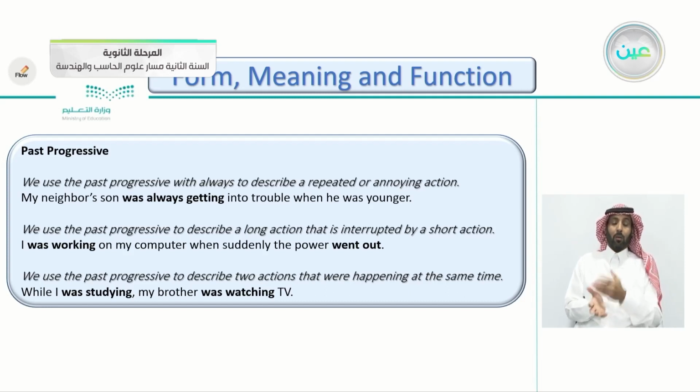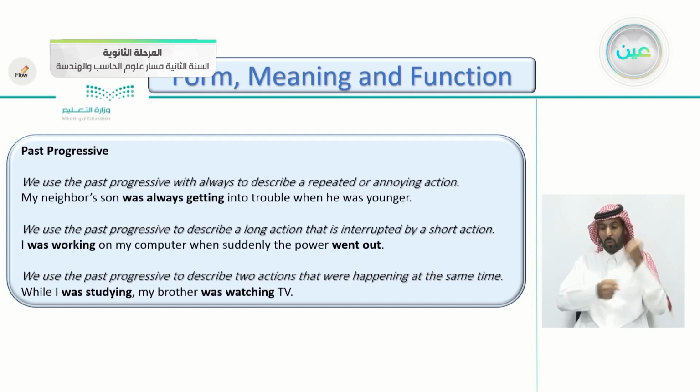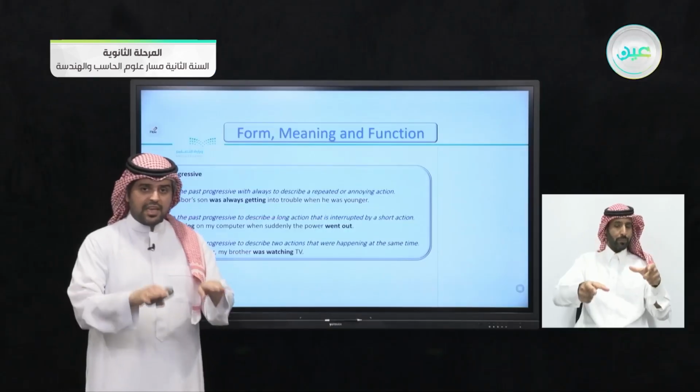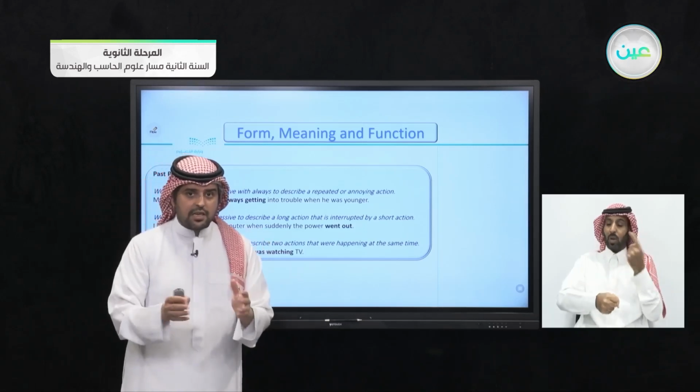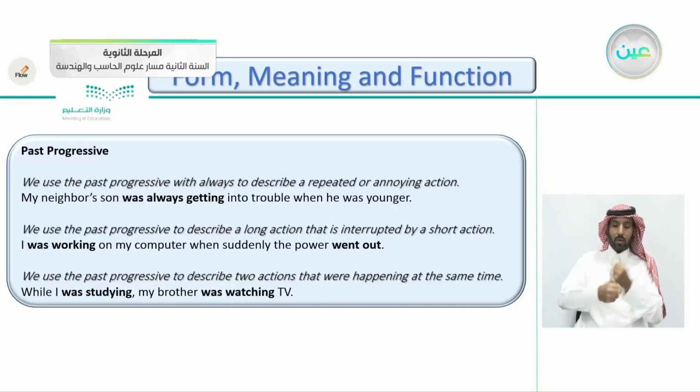We use the past progressive to describe two actions that were happening at the same time. If we have two actions happening simultaneously, we use the past progressive. While I was studying, my brother was watching TV. Of course, we always use the word while.